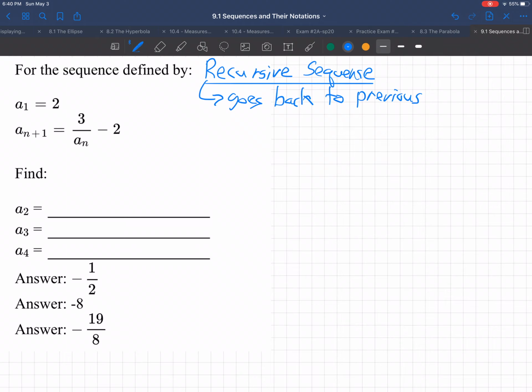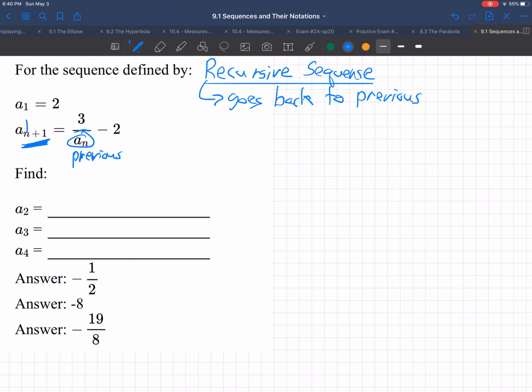Why? Because we're saying the n plus first term is 3 divided by the a sub n term, minus 2. In other words, this is the previous term, right? A sub n comes before a sub n plus 1.